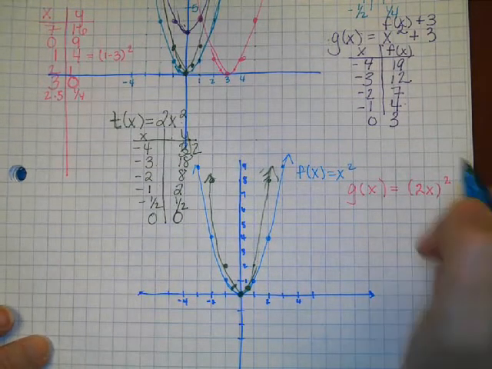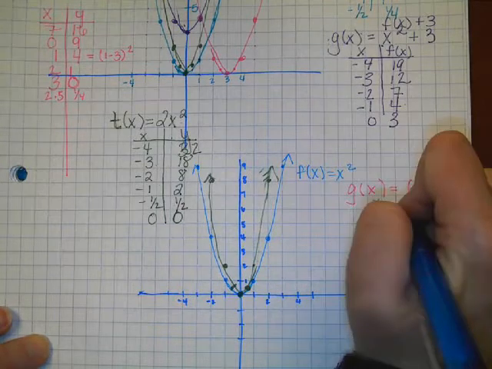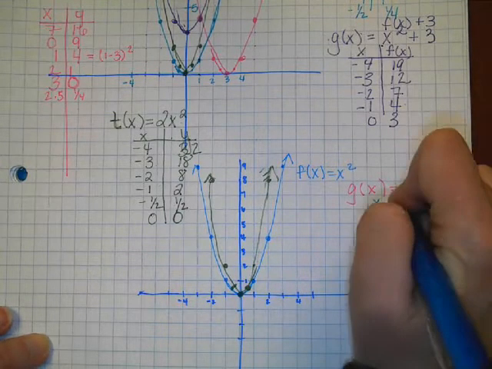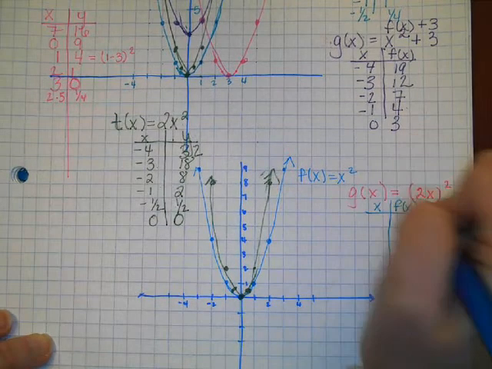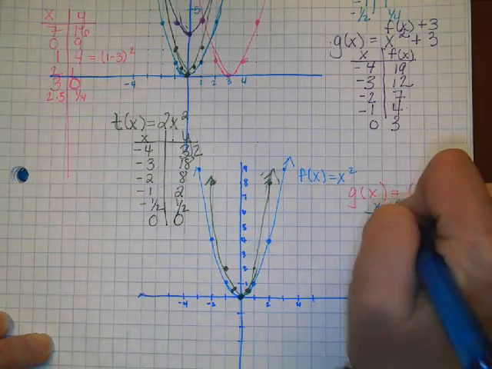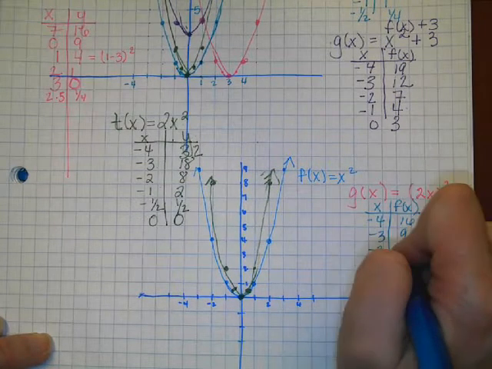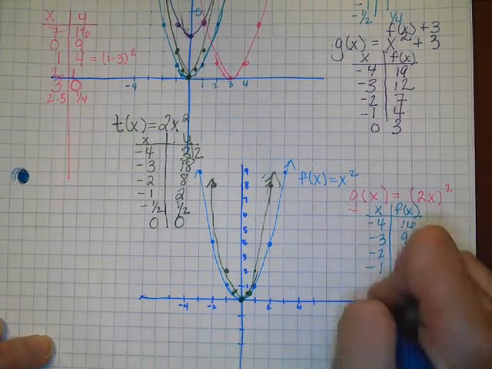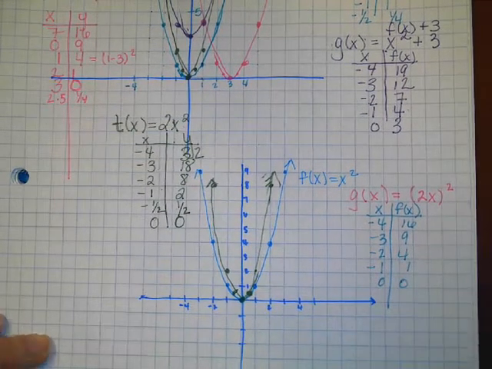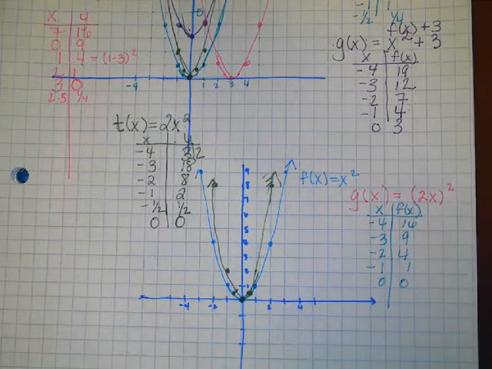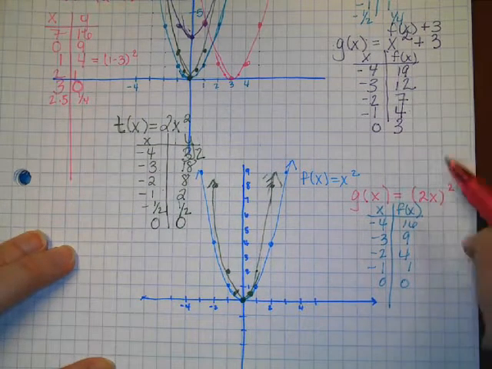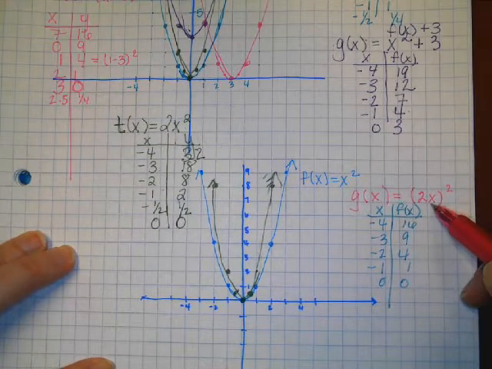So to compensate for the x being doubled, I need to cut my x values in half. So my original function, f of x, what I had was negative 4, 16, negative 3, 9, negative 2, 4, negative 1, 1, 0, 0.